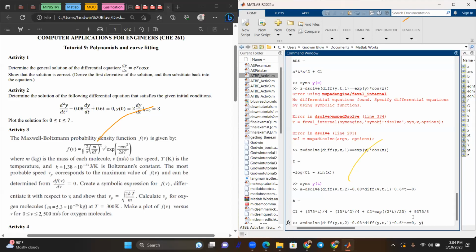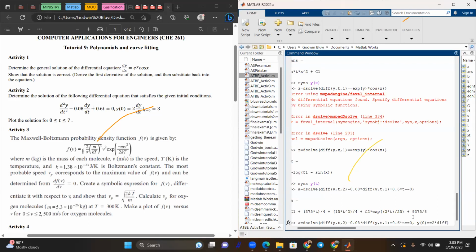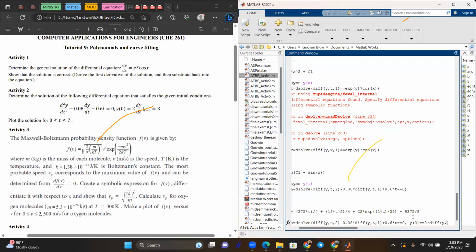Y prime of 0 is equal to 2 times the differential of y comma t at 0.